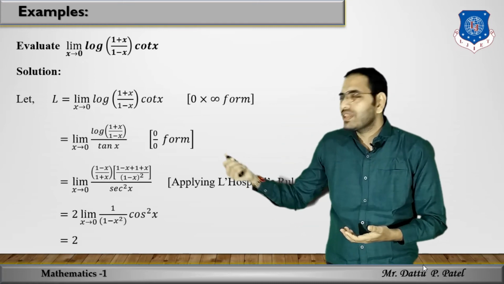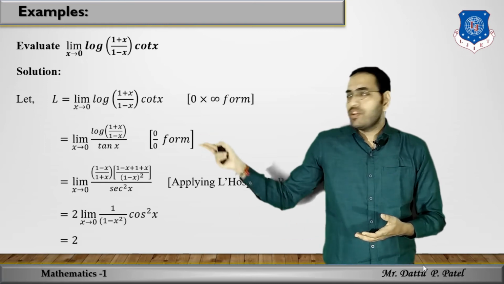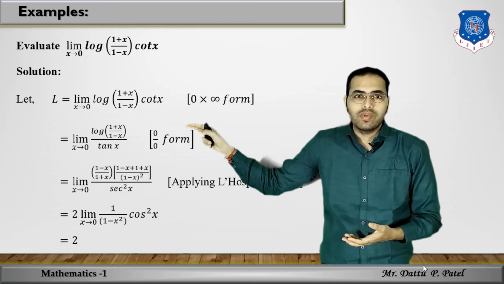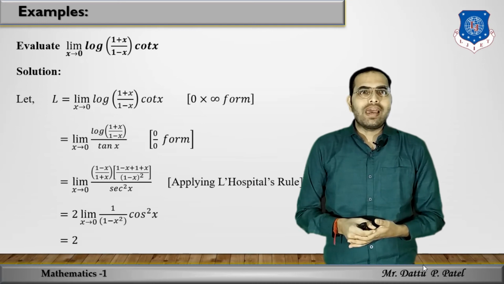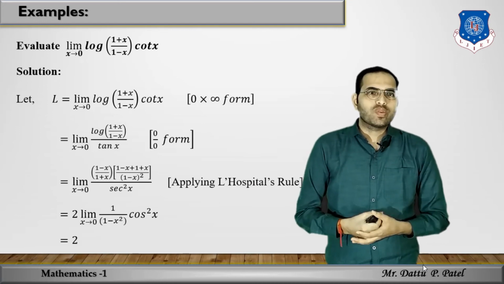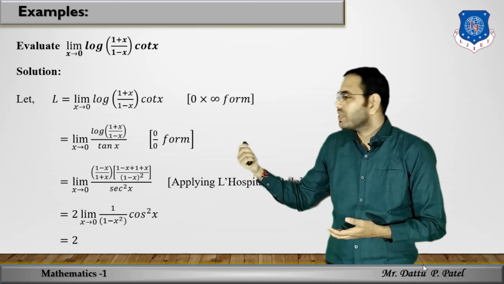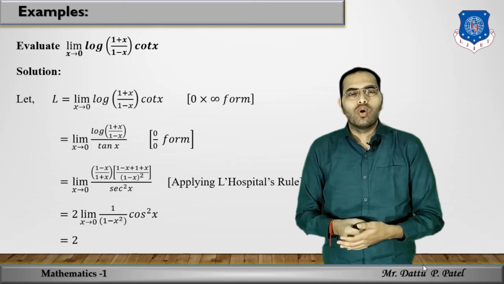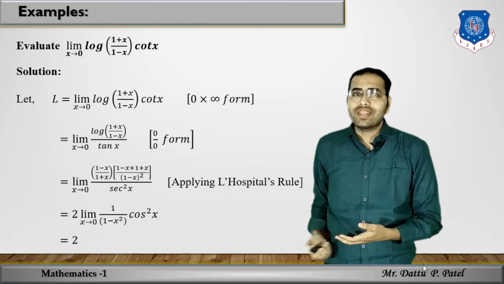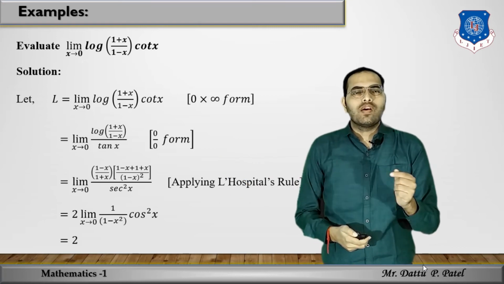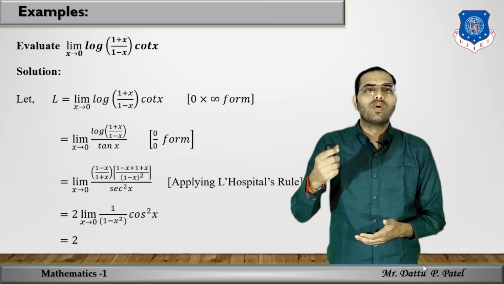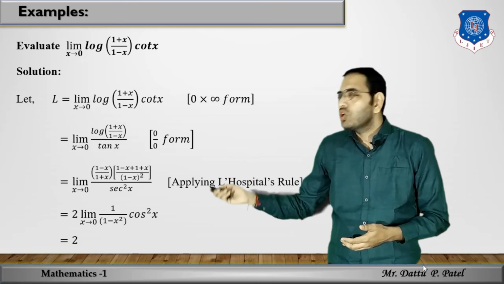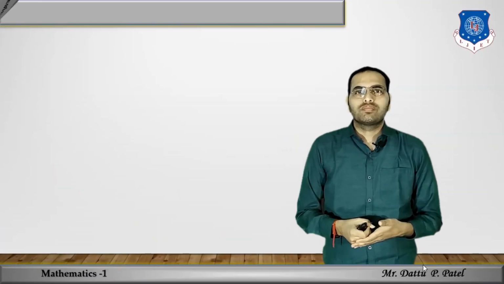The derivative of tan x is sec square x. Simplifying the whole term, we get 2 by (1 minus x square) into cos square x. Here the denominator portion is a finite value. Then applying the limit x tends to 0, the value of cos 0 is 1, divided by 1 minus 0, so 2 into 1 divided by 1 minus 0 becomes 2, which is finite.